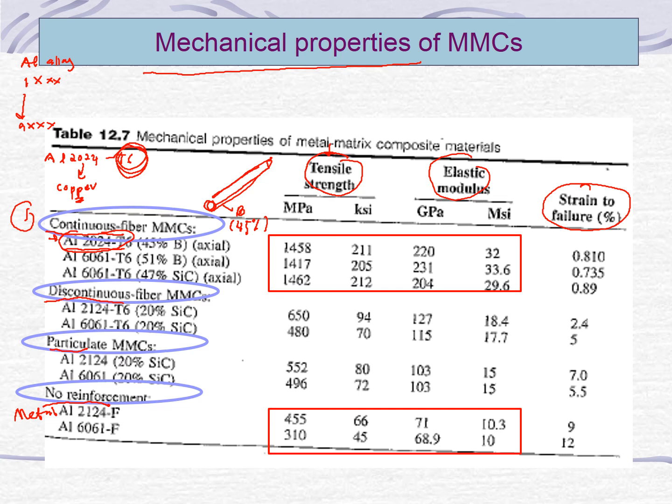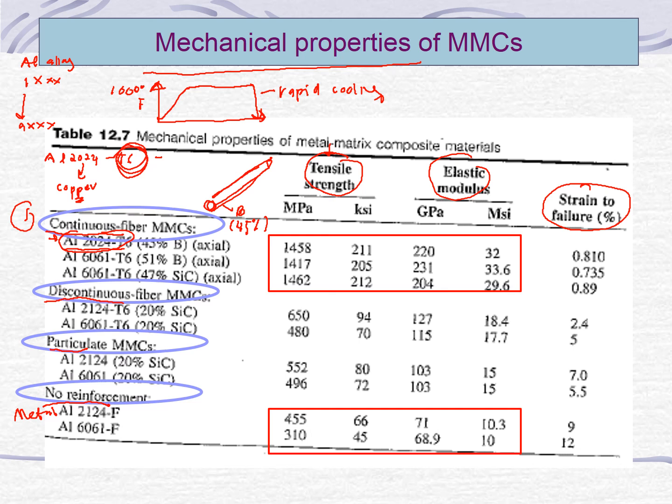T6 means this alloy has been heat treated at 1000 degrees Fahrenheit, sorry, for several hours, and then quenched. Quenching means rapid cooling in a bath, and then we do artificial aging, which is a reheating process at low temperature.